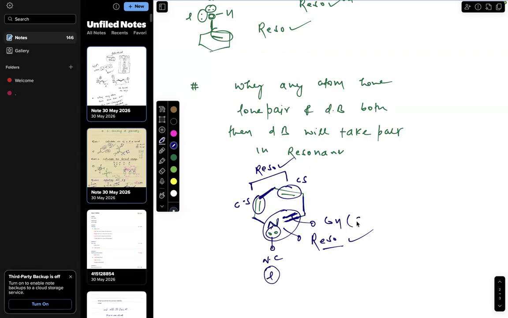And this double bond is called delocalized. Make sense? So the simple thing is that whenever any atom has a lone pair and a double bond and it is part of conjugation or resonance, then the double bond has more priority over the lone pair. So the double bond would be conjugated and the lone pair would be non-conjugated or localized. It makes sense?